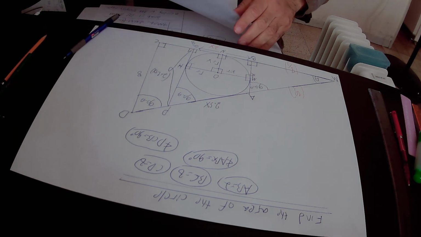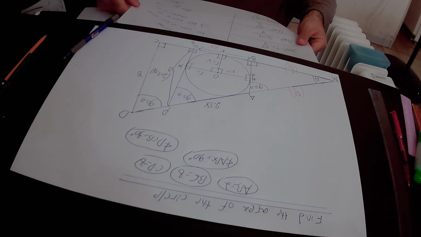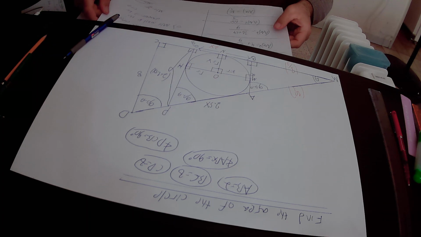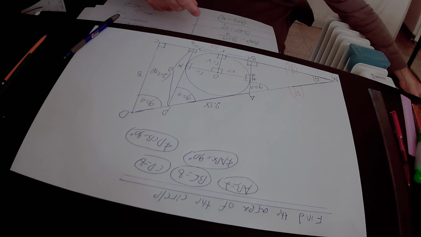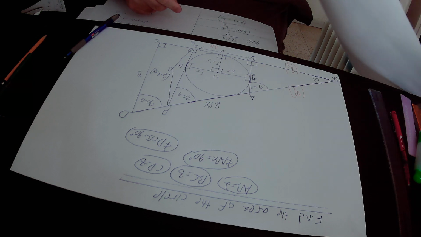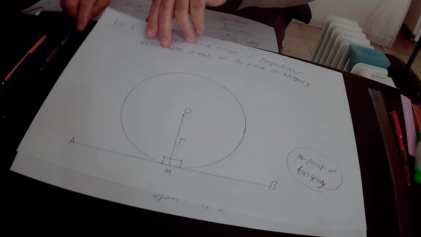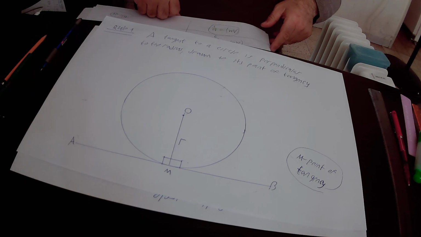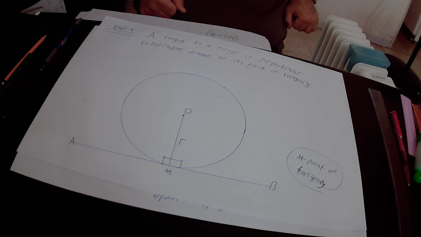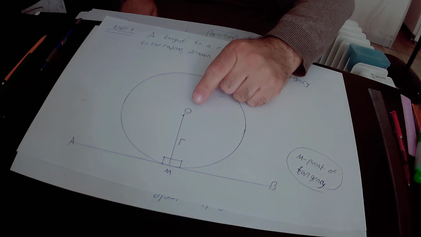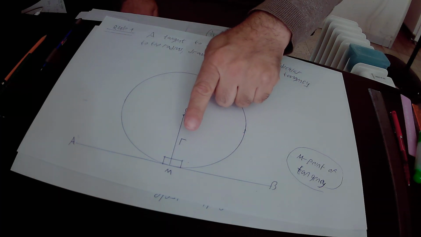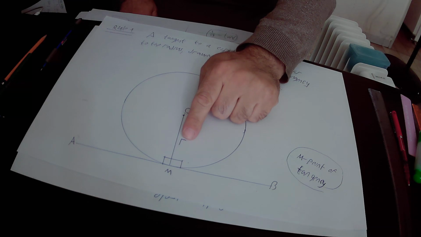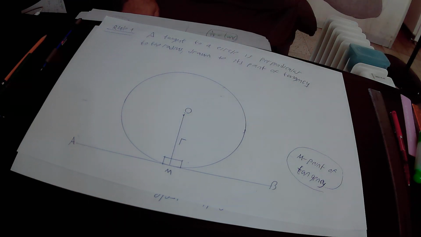Okay, then I present to you a new rule, and we apply this new rule in our drawing. According to rule number 1, a tangent to a circle is perpendicular to the radius drawn to its point of tangency. So the radius of the circle is OM, equal to R, and AB is tangent to this circle at point M. That is to say, point M is the point of tangency.